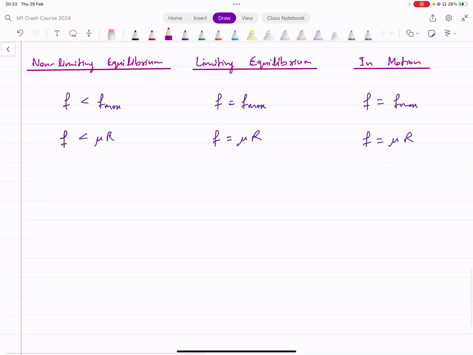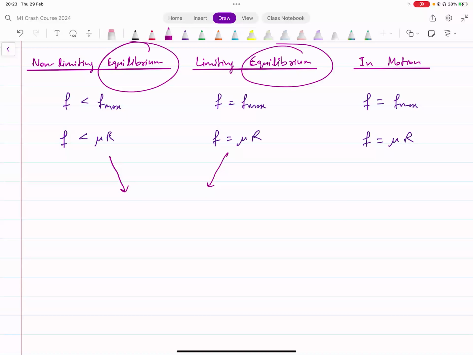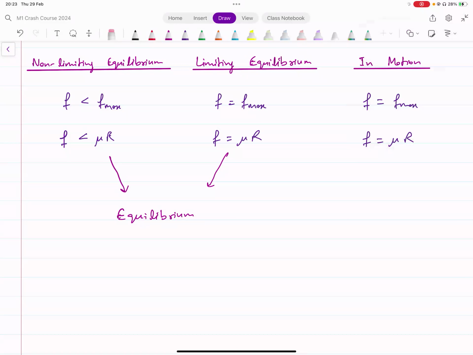Now, the first two cases that you have here are both cases of equilibrium, right? This is also equilibrium. This is also equilibrium. So if you had a situation in which you just knew that you have equilibrium without knowing whether that equilibrium is limiting or non-limiting, what can you say about friction in that case?